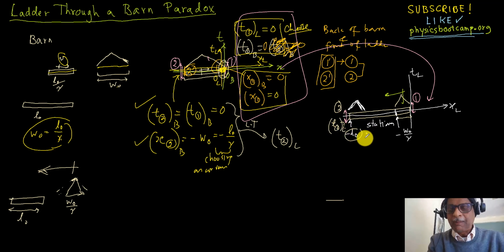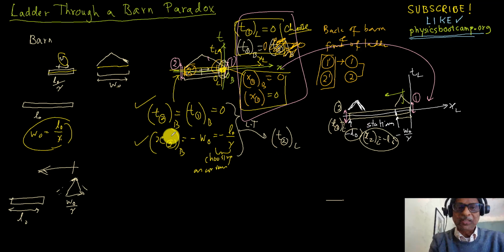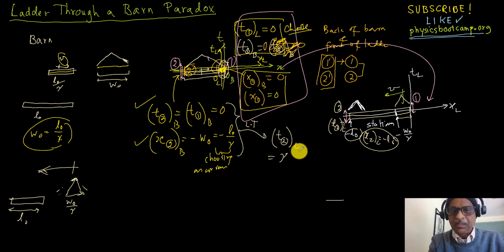We know x2 in the ladder is minus L0. This we know, but we don't know the time in the ladder. Well, we can get it from these and the relative speed. This guy is moving to the left, so gamma is the same, since the relative speed is the same as the ladder's.